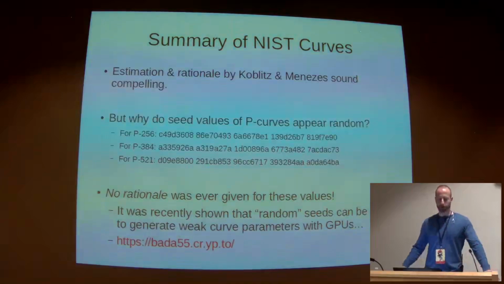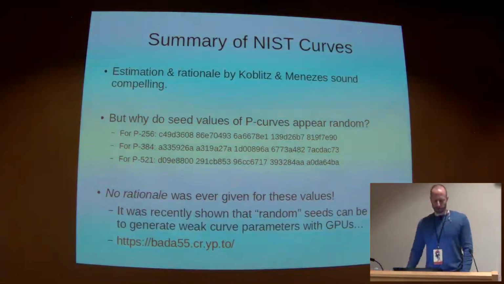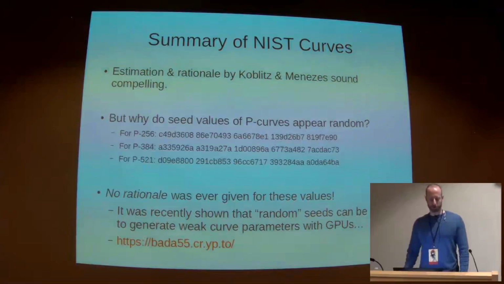So in summary, that rationale that I read off before does sound compelling, but I can't get over it. Look at these seed values. It's entirely possible that they chose them, they iterated over them to find weak curves. There's just no rationale ever provided. I just can't get over that.